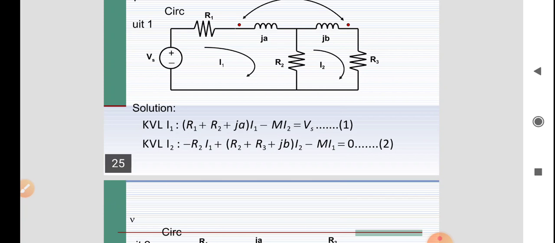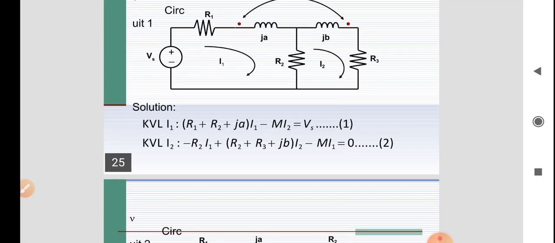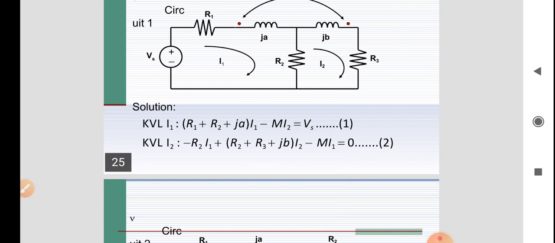Here in the first loop we have the elements R1, JA and R2. So R1 plus R2 plus JA. For all these three elements, the common current flowing is the I1 current. So R1 plus R2 plus JA into I1. Similarly, R2 is in between I1 and I2, so as we write the loop equation for the first one, there is current flowing in R2.